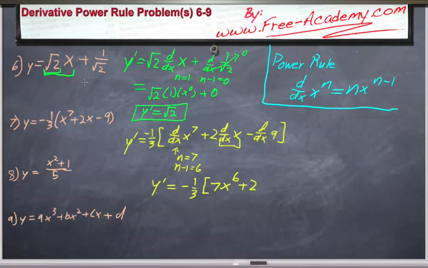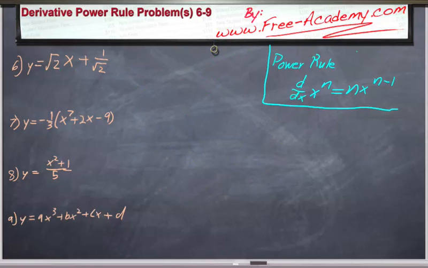We just covered it in the last problem: the derivative of a constant times x is equal to the constant. So this is 2. And the third term is the derivative of a constant, which is equal to 0. So the answer to problem 7 is negative 1/3 times 7x to the 6 plus 2. And you can distribute that out further if you like to further simplify things.